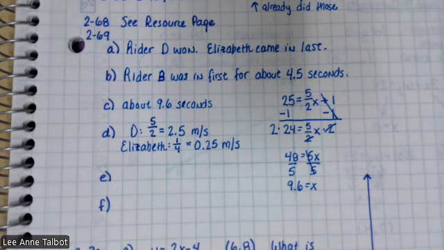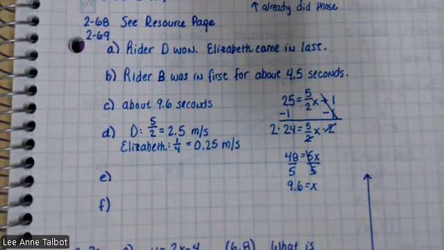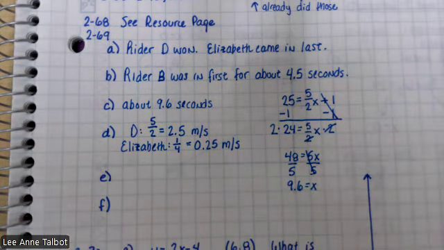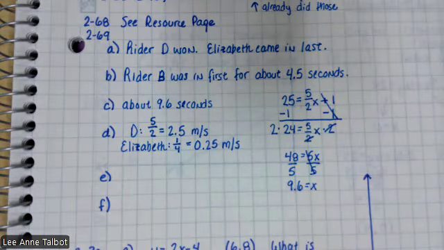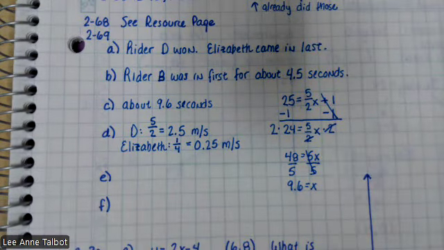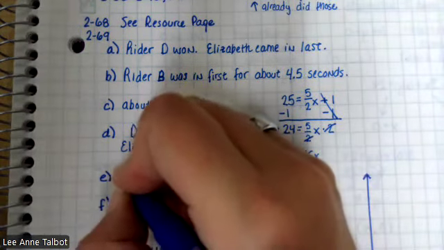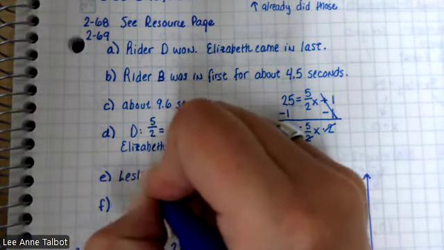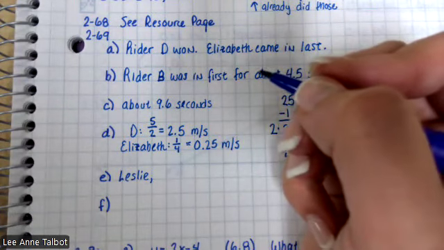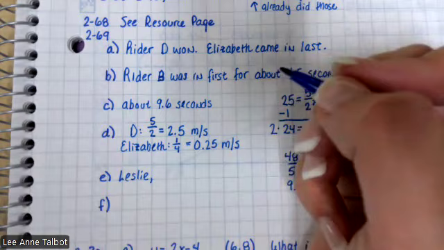Okay. Question E. At one point in the race, 4 different participants were the same distance from the starting line. Who were they and when did this happen? Yeah, okay, so Leslie, rider A, rider C, and Elizabeth?